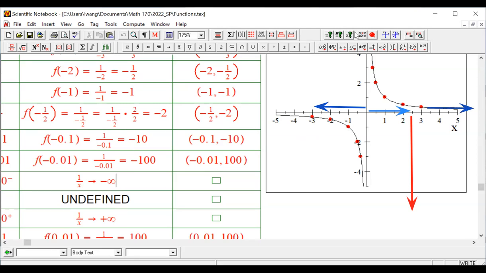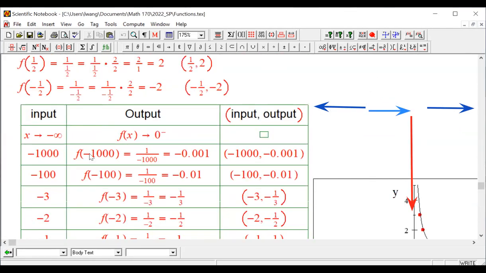So what do we show on the table? What we show on the table is that when x is approaching, clear all drawings, hold on. I think I can make the font a little bit smaller to show this piece.